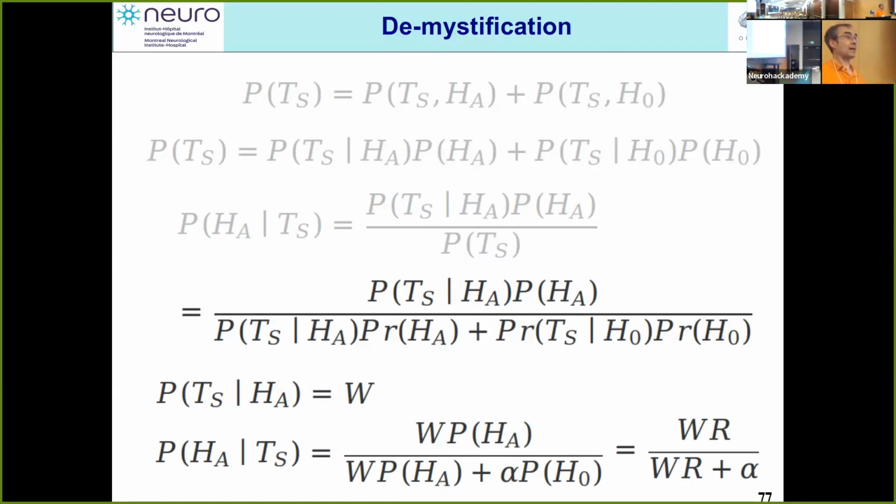Then you rewrite that using power, and you've got your result. The last little bit that I did was to transform the probability of HA divided by the probability of H0 into the odds ratio. So R is that division. So see, in 3 lines with extremely basic things, you have derived the PPV.